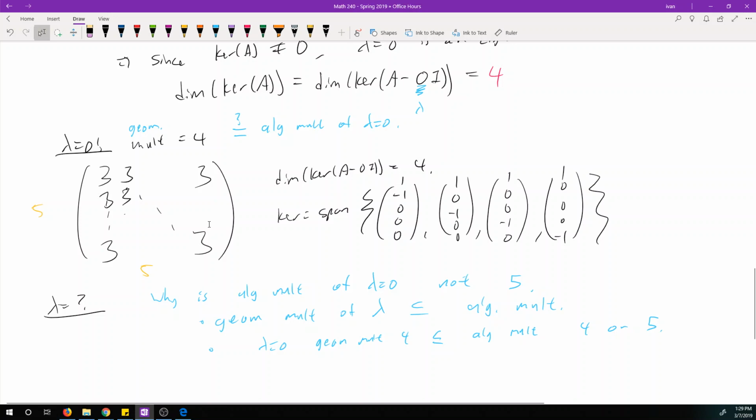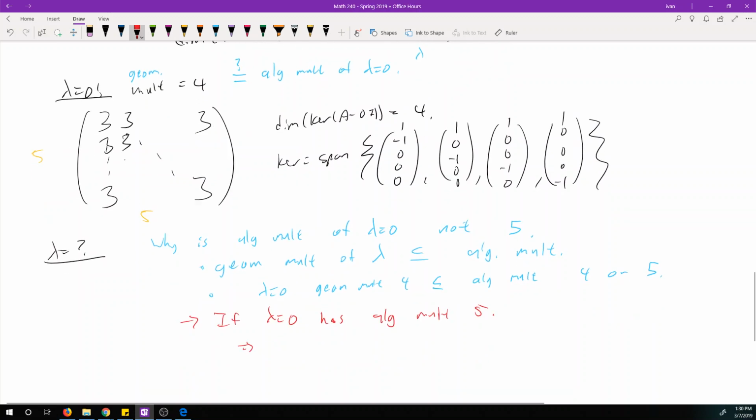So if lambda equals 0 has algebraic multiplicity 5, what would that mean? That means that every eigenvalue is 0. So then what would the sum of my eigenvalues be? 0, exactly. Then the sum of the lambdas is equal to 0. But what is the sum of the eigenvalues equal to? It's equal to the trace of my original matrix. But what is the trace of my original matrix? It's 15, exactly.